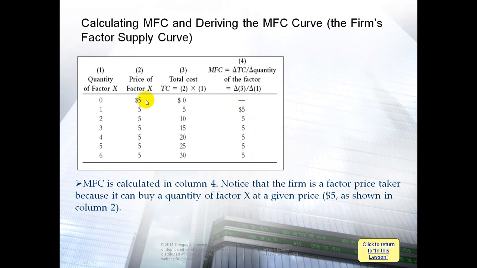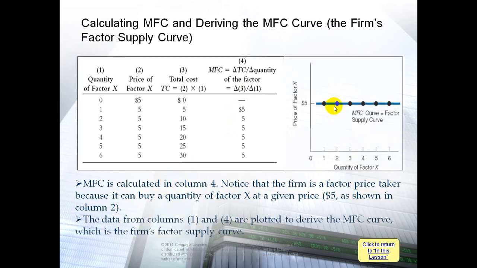The price of the machine is constant at 5, it did not increase or decrease. But if the price of the machine increased or decreased, what would change? The marginal factor cost would change. So here we have a horizontal marginal factor cost, because the data from columns 1 and 4 are plotted to derive the marginal factor cost curve, which is the firm's factor supply curve.